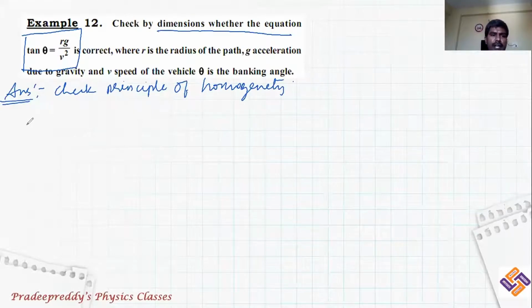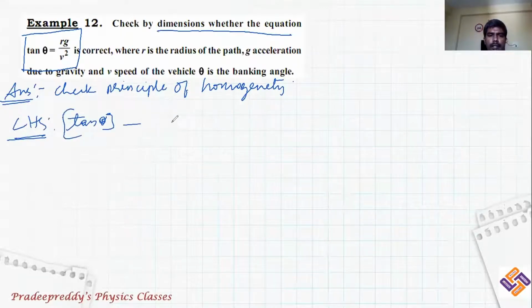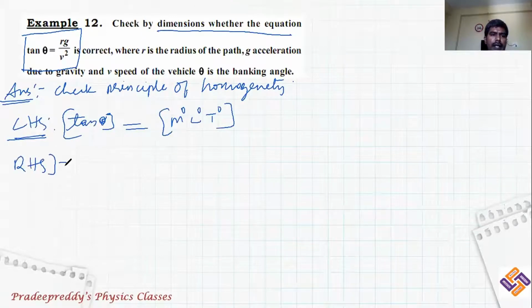So now take the left hand side. What is it? Tan theta. What is the dimension of tan theta? M power 0, L power 0, T power 0. And what about the right hand side? On the right hand side we have R G by V square.